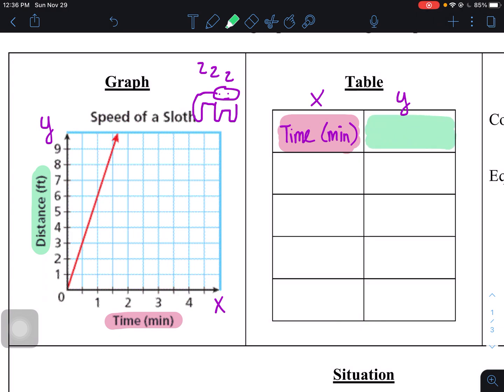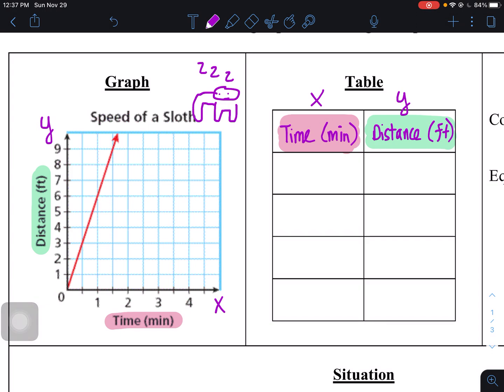So over here again, I'm going to say distance in feet. So if we look at this graph, it basically tells us at certain points how many minutes have passed and how far the sloth has moved.